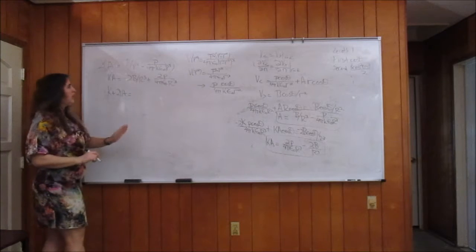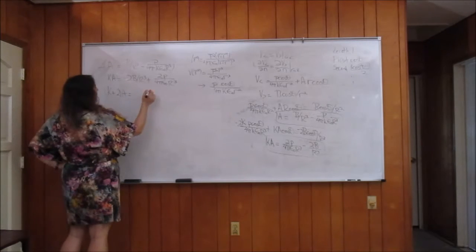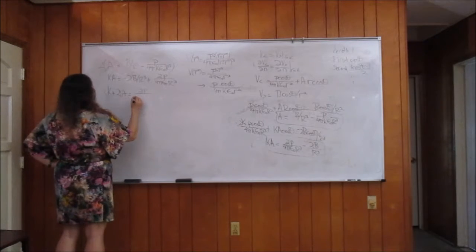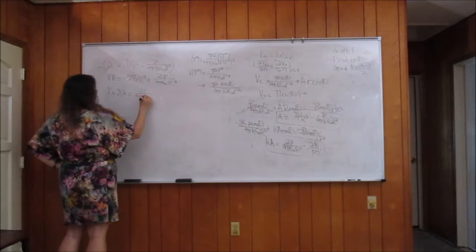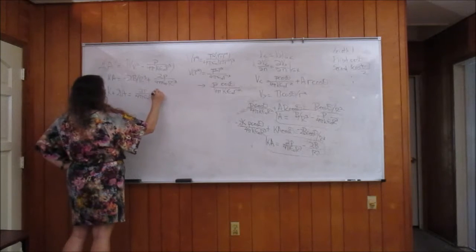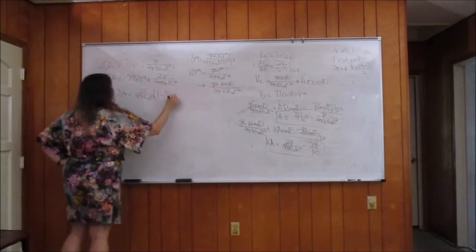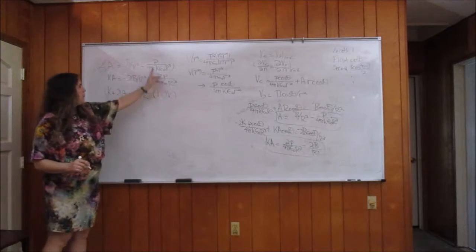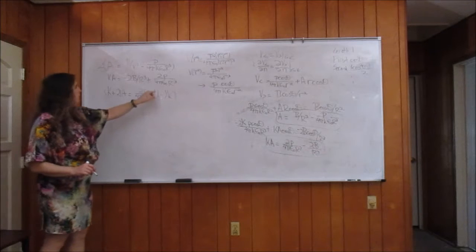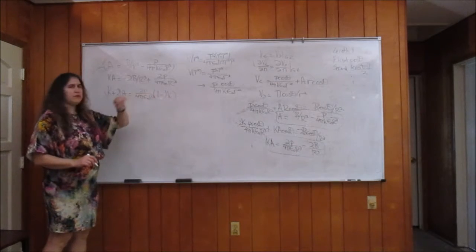The b terms will drop out. And from the two dipole terms, we'll wind up with 2p over 4 pi epsilon naught r cubed, parentheses 1 minus 1 over k.